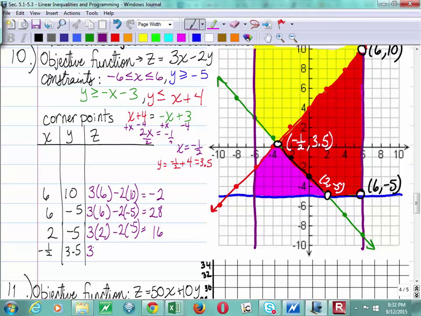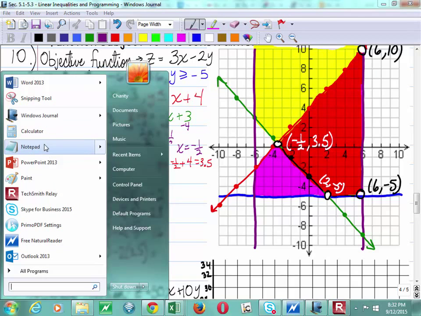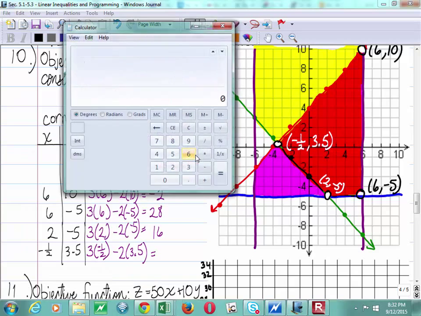And then 3 times negative 1/2 minus 2 times 3.5. So let's take out the calculator real quick for that one.